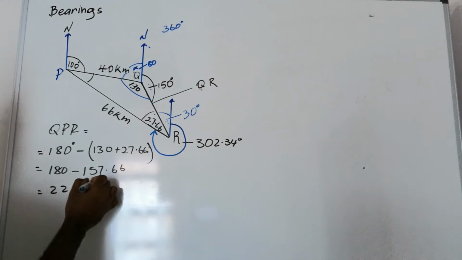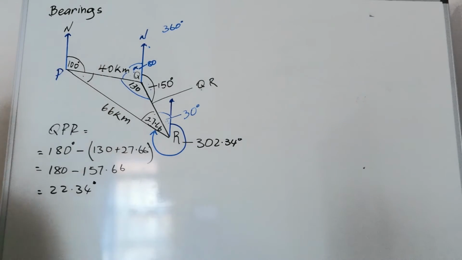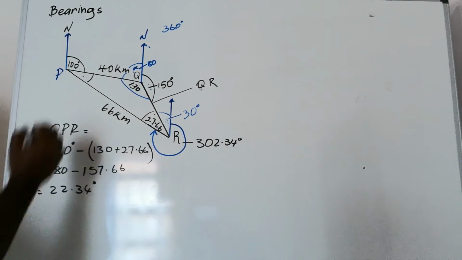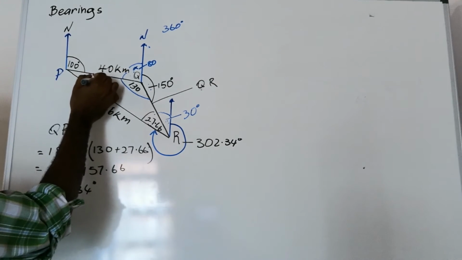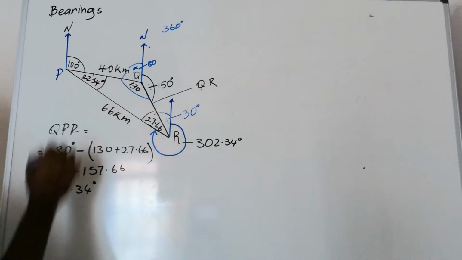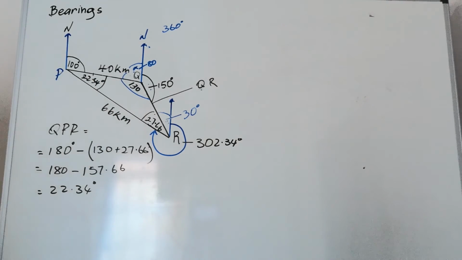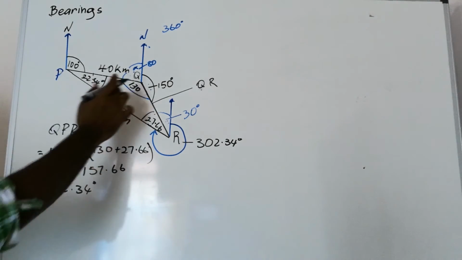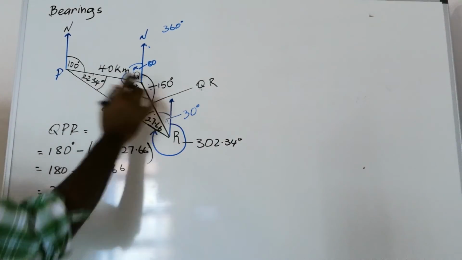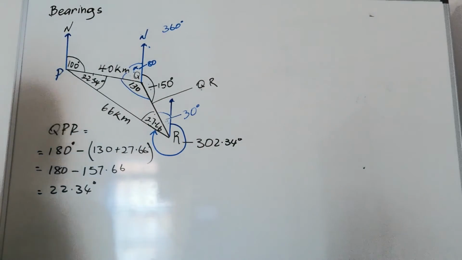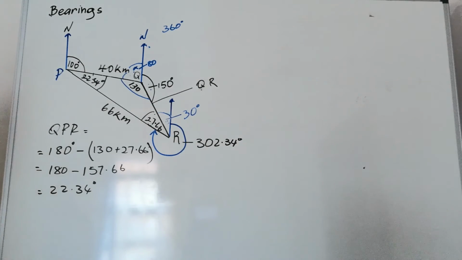So our angle here is 22.34 degrees. Now, how do we find the side opposite? We have this angle, and we need the side opposite. Again, we could use our sine rule.